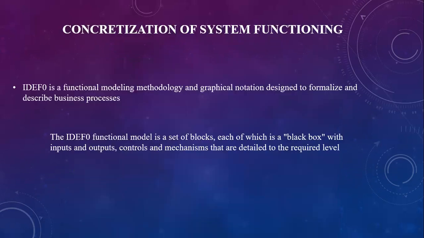A distinctive feature of IDEF0 is its emphasis on the subordination of objects. It considers the logical relationship between works and their temporal sequence, the workflow. Its functional model is a set of blocks, each of which is a black box with inputs, outputs, controls and mechanisms that are detailed to the required level.